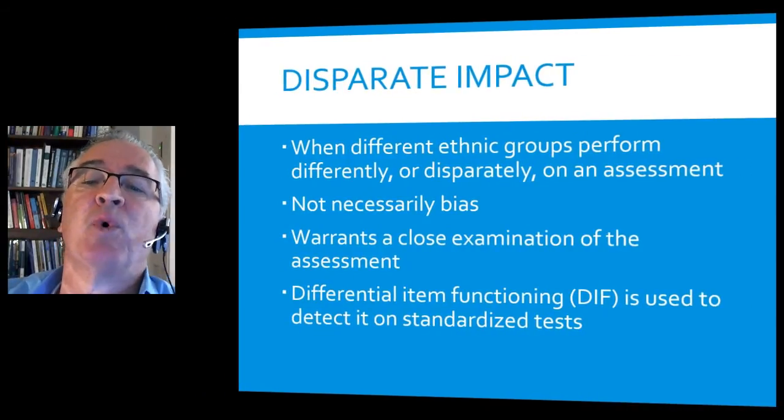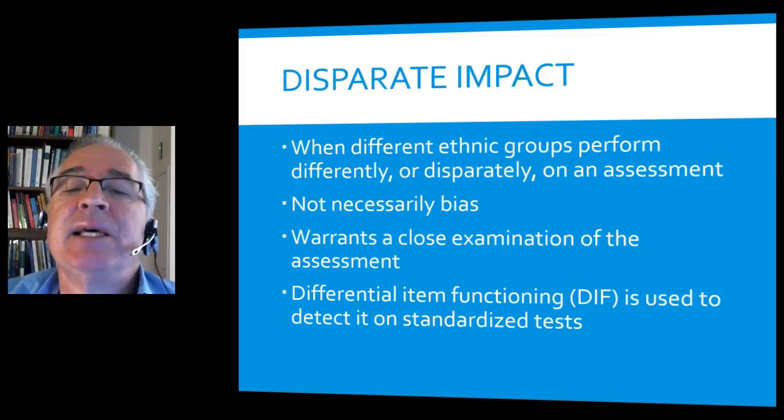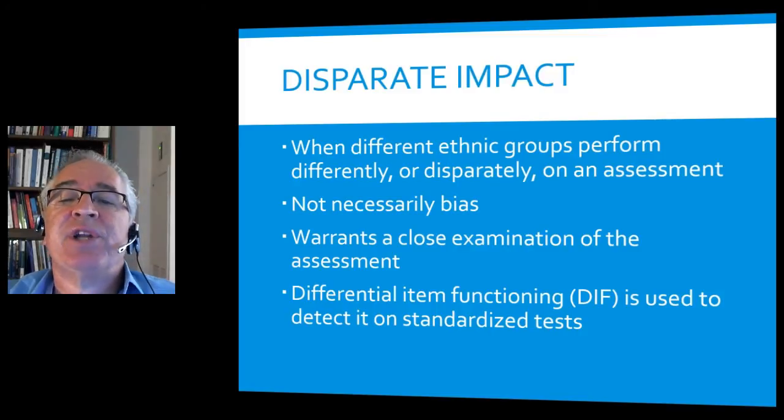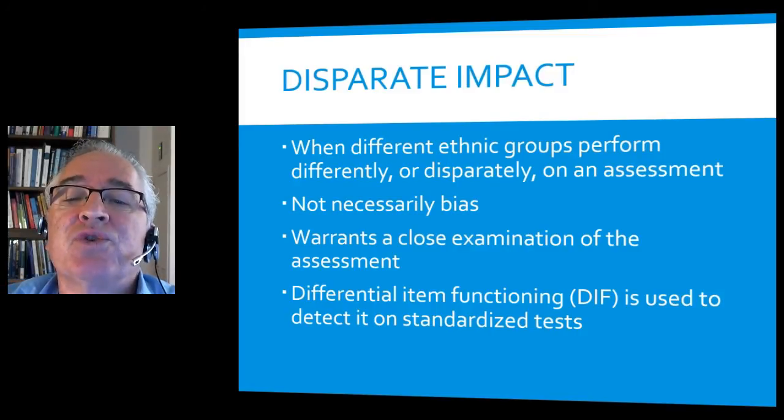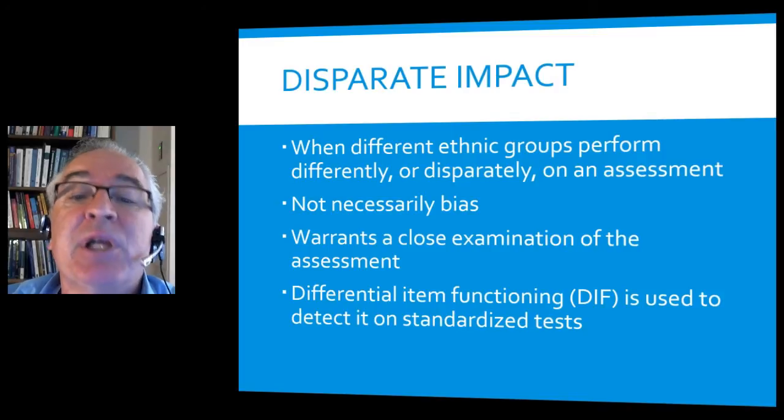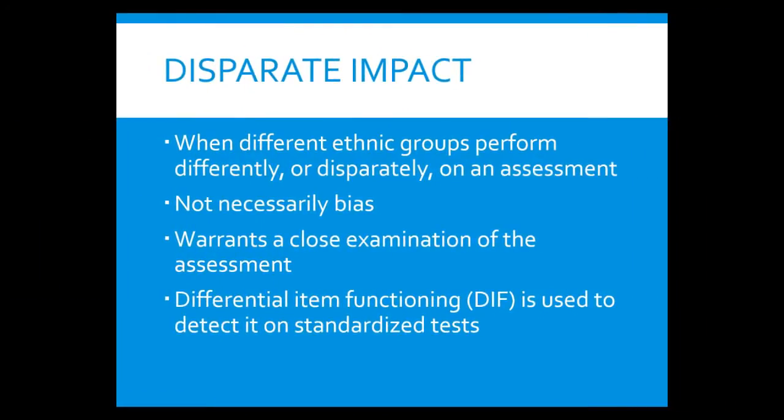Another really important issue concerns disparate impact. This refers to the occasion when different ethnic groups perform better or worse on a particular assessment, typically in the context of standardized achievement tests. When this happens, there might or might not be bias, but when it occurs, it's worthy of a close examination.